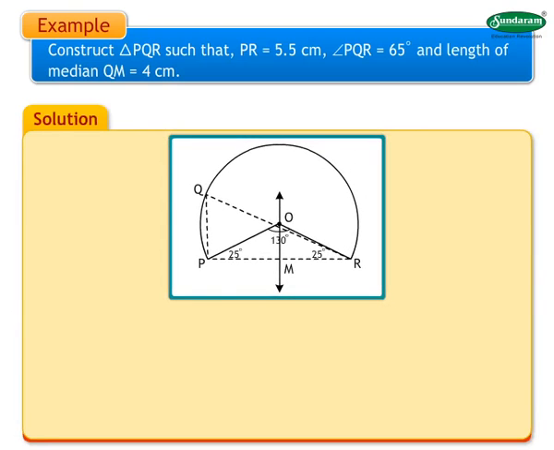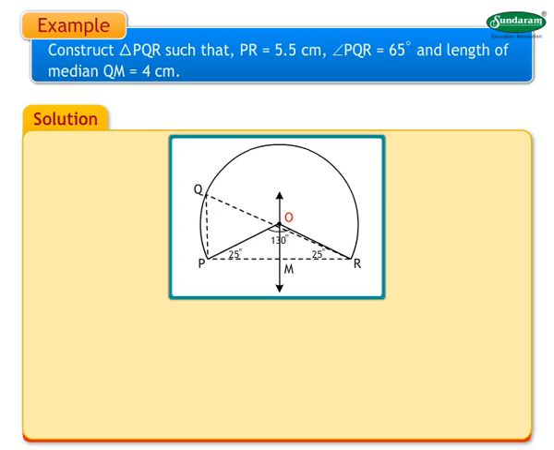Solution. We want to construct a triangle PQR such that angle PQR is 65 degrees and PR is equal to 5.5 centimeters and median QM is equal to 4 centimeters.